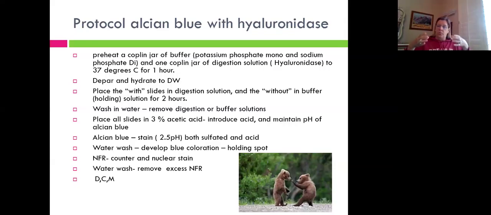So there's a black round water bath in the lab. You can take your buffer solution, put it in a Coplin jar. You can take your hyaluronidase, put it in a Coplin jar, heat up that round black water bath, and then put both Coplin jars in there.